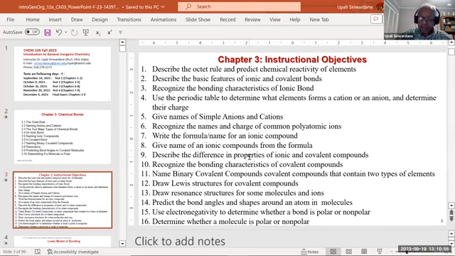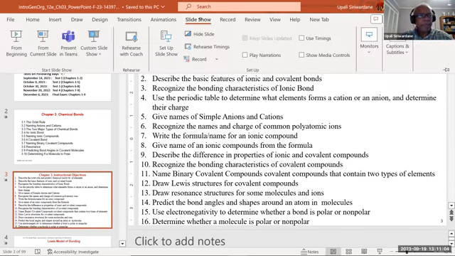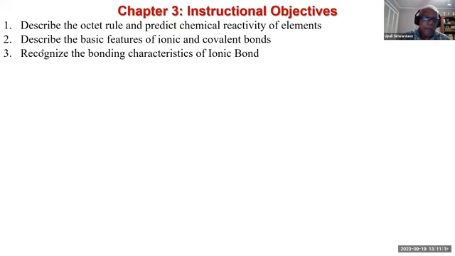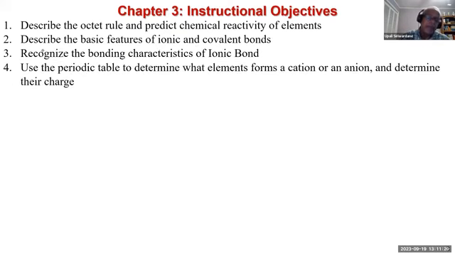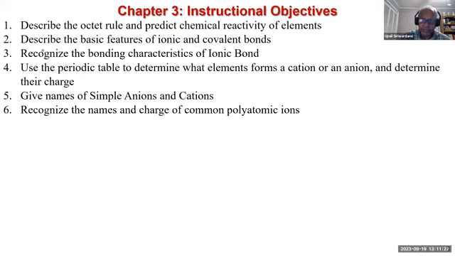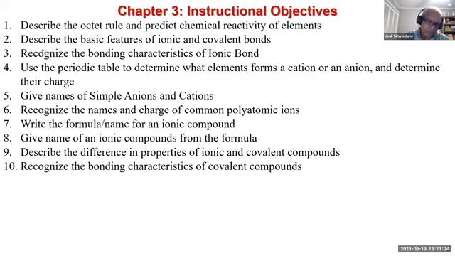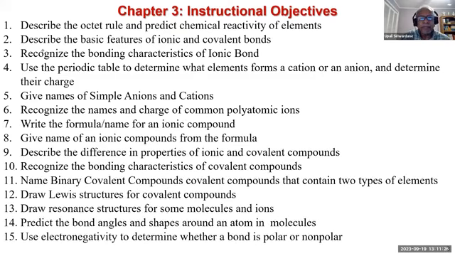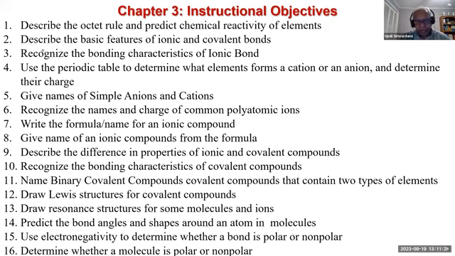Okay, instructional objectives. I'm not going to talk about them right now, but we will come back and look into them. These are the titles of the instructional objective subsections. So we're going to get into the octet rule right away.